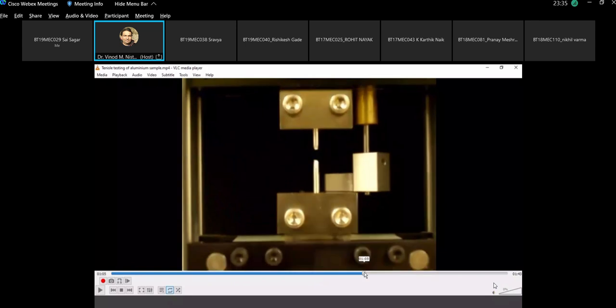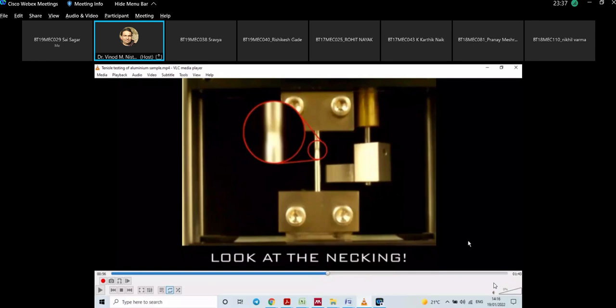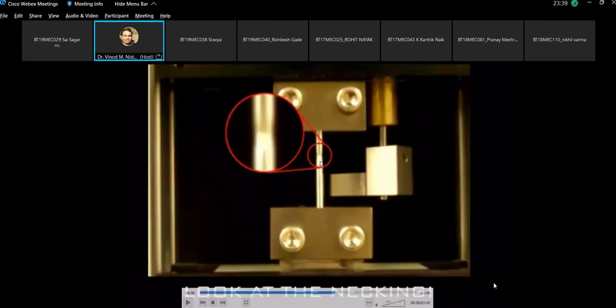So what happens here is when the elongation is taking place, you can see that the sample is not breaking exactly at the center. The sample can break at any position. It can break either at the top part or the bottom portion or at the midsection. And the reason for it is the imperfection in the object.